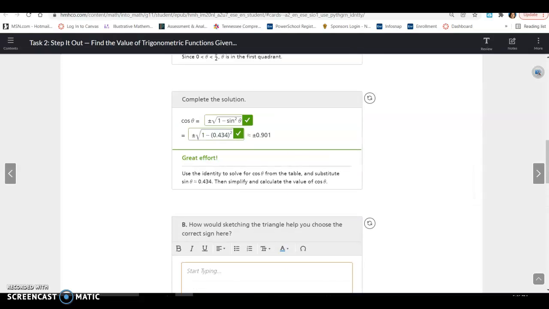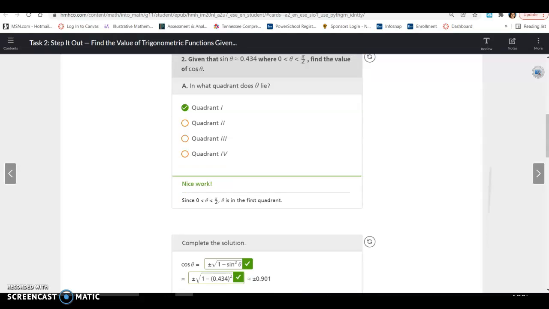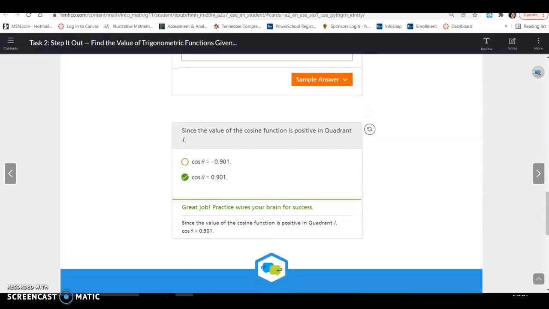All right, so again, remember we determined from this here what it was, and we know that it is in quadrant 1. So the sine and cosine create the ordered pair. Cosine is your x, sine is your y, and that gives you your ordered pair for a point. So this ordered pair would then create a point on your unit circle.